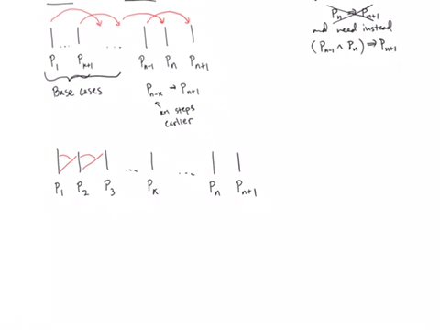So maybe it wasn't that P3 was knocked down by P2. Maybe it was P1 and P2 knocking down P3. Right? And then once P3 falls and knocks into P4, maybe P3 knocks P4 down, but maybe it was actually that P1, P2, and P3 knocked P4 down, right? So if you can start a cascade of dominoes, then you can assume that you have all of the force of the previous dominoes, right?